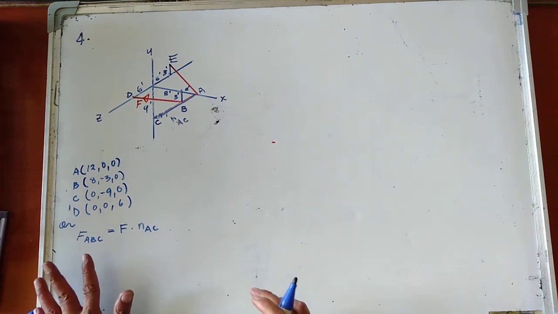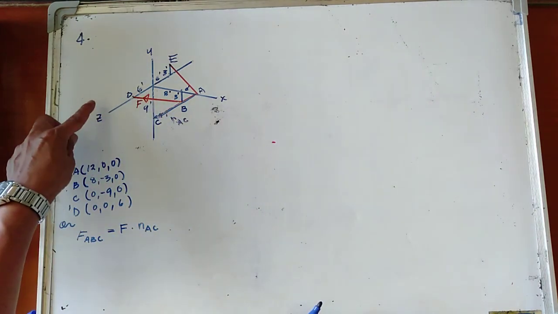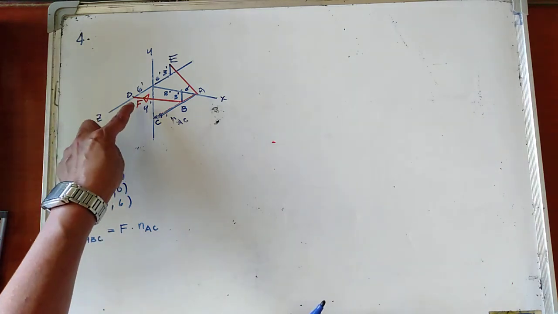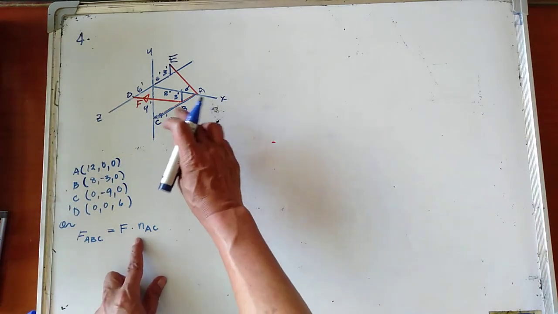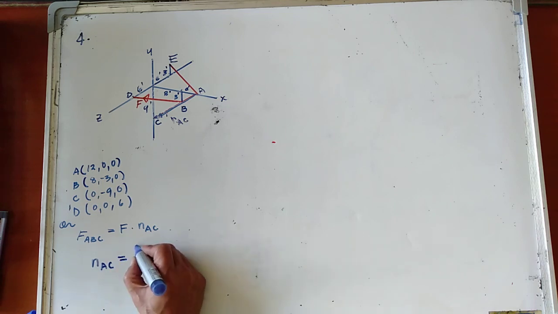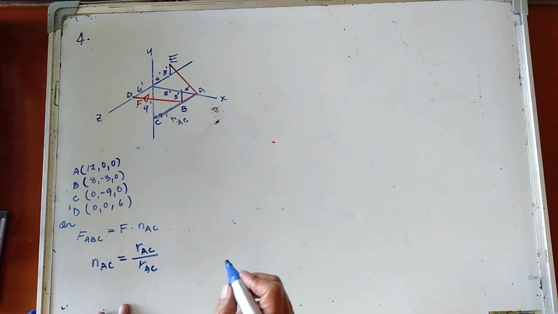Now, at this time, the component of the vector F from B to D is equal to the vector itself dot a unit vector RAC. So your unit vector AC is the position vector AC all over the magnitude of this vector.